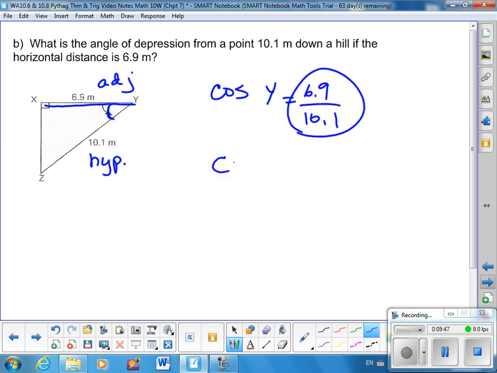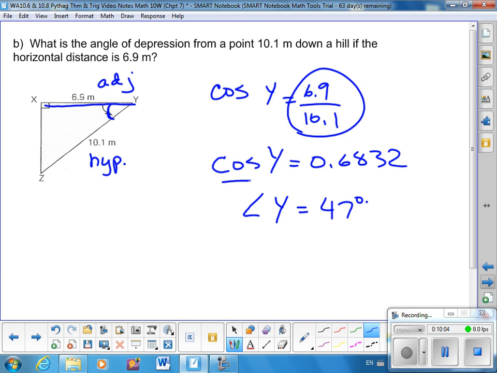Divide to make a decimal. Cos of Y is 0.6832. So your second function of cos gives you the angle Y of 47 degrees. So to calculate the angle, you always use the second function button, which undoes the ratio. It says take the ratio of the sides and tell me what angle that would be.